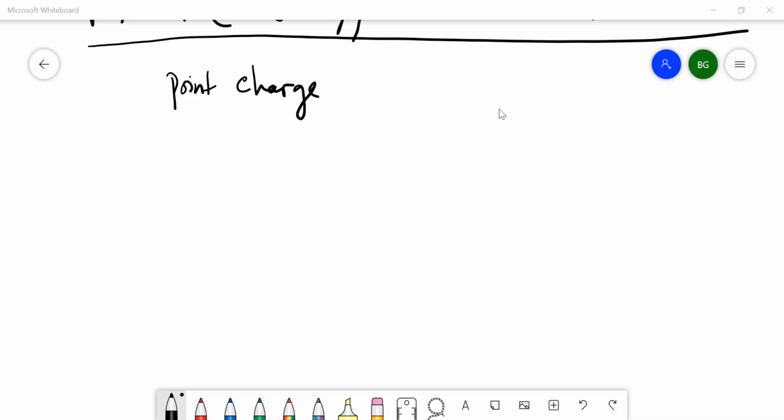Point charge. This is Q, for example. So we have the electric field as we derived in the last lecture, last week, or yesterday. We have Q1 over 4 pi epsilon 0 r squared r hat.